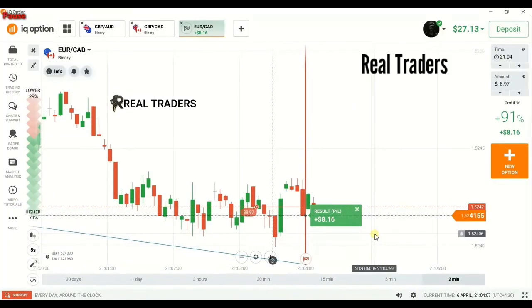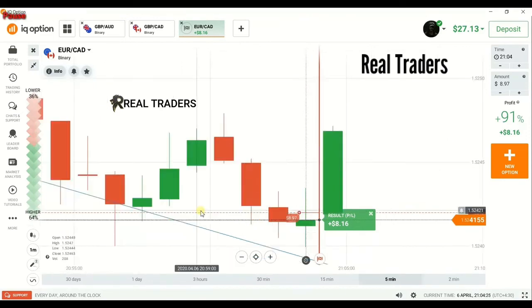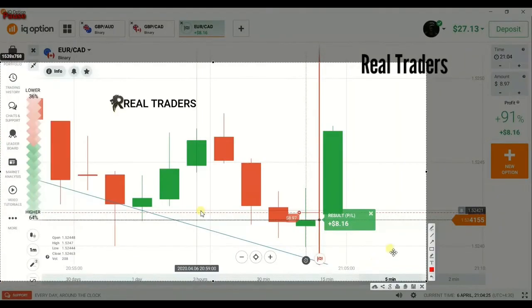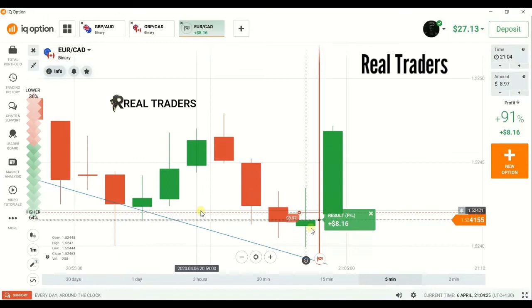I won this trade because of my entry point and because of the bad market. You can see so many rejections here. Because of the bad market, I think it closed as a bullish candle, but because of my entry point I won this trade. That's why I told you always place your trade with some margin of safety. It will be good.